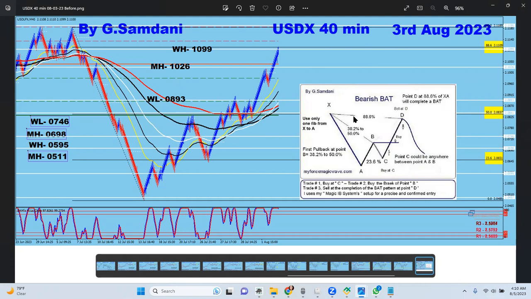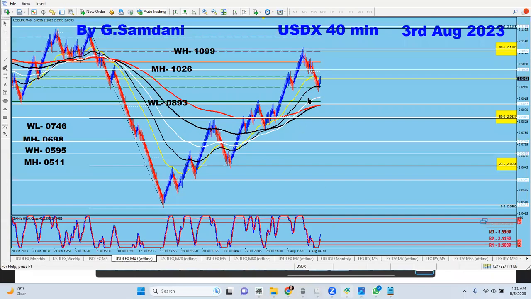So you can see here it was 50%, then 23% line, and then 88% here, right? And after that, what happened to this one so far is this. It dropped right from there. So far, we are here, right? And we are below 1026, which is a very big number. So if we can stay below 1026, the US dollar index will continue going down, and USD will get weaker even more.